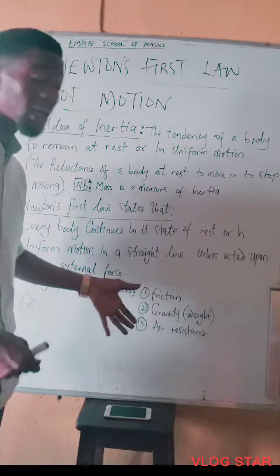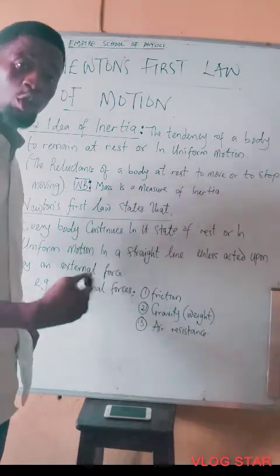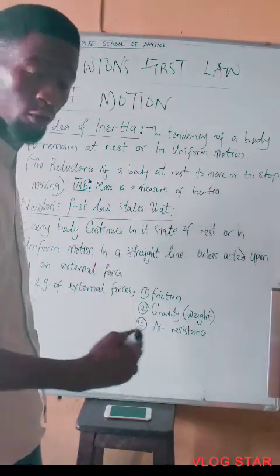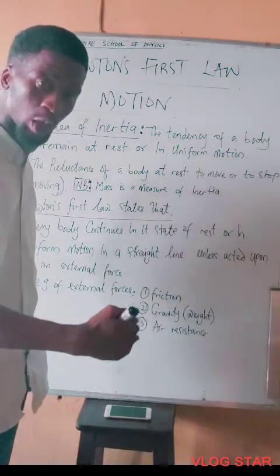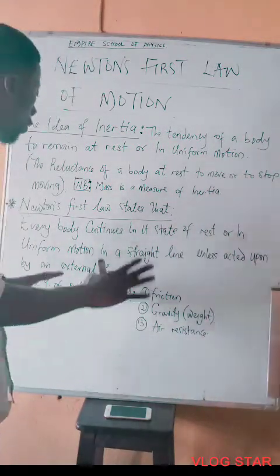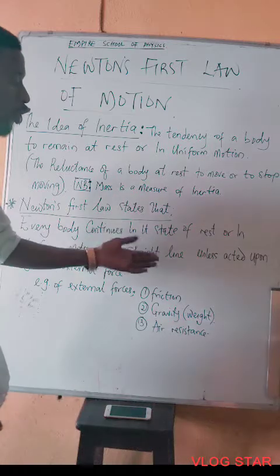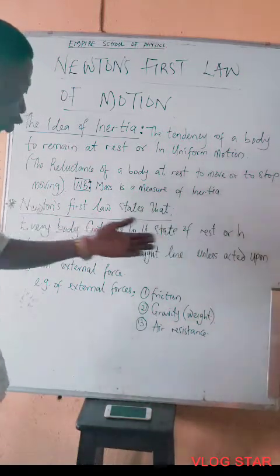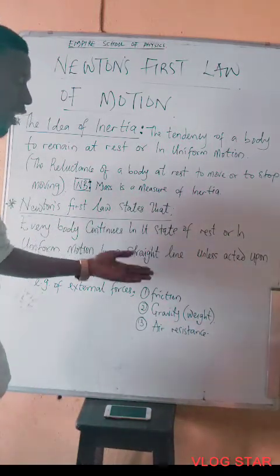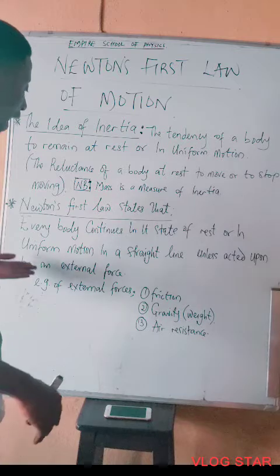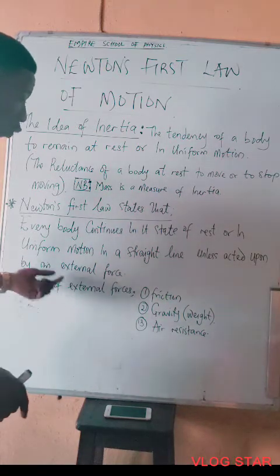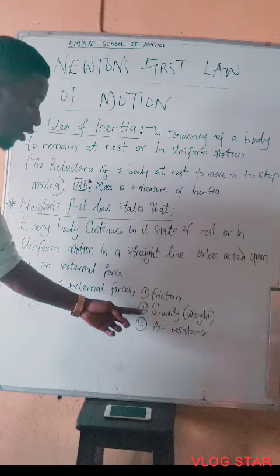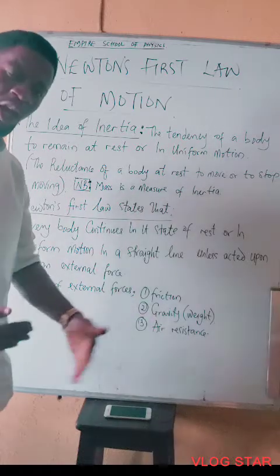So these are forces that can cause a ball that is moving with uniform velocity to reduce speed, slow down, and eventually come to a stop. So every body continues in its state of rest or in uniform motion in a straight line unless acted on by what? An external force. We have looked at examples of external forces: friction, gravity, and air resistance.